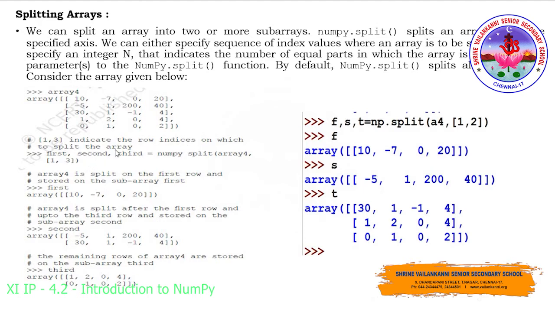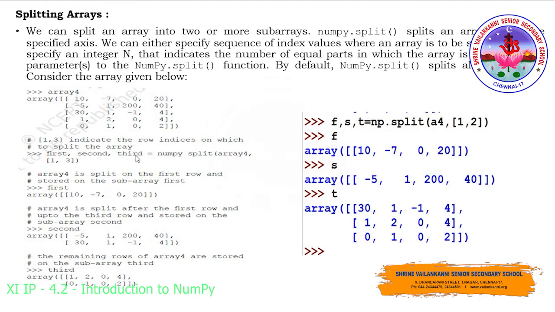Before splitting the array, we have to create the variables, because when we split an original array into two or more subarrays, we have to assign them to particular variables so that it will be easy for us to access them later during the program. That is the reason why we are creating the variables here.